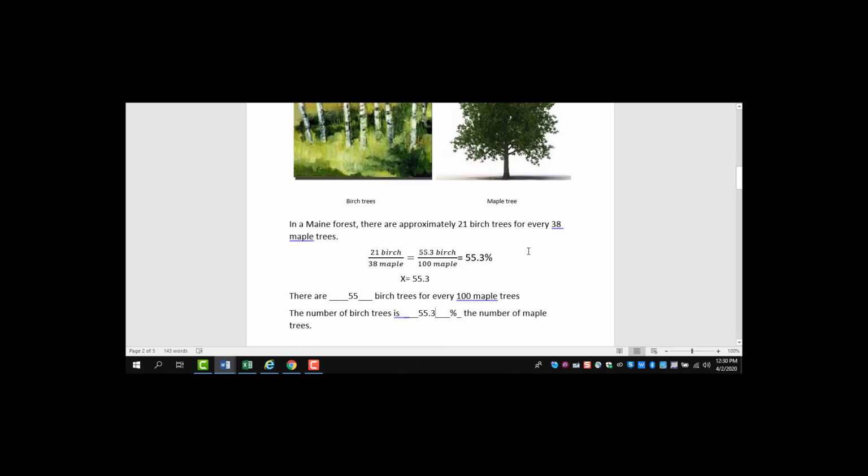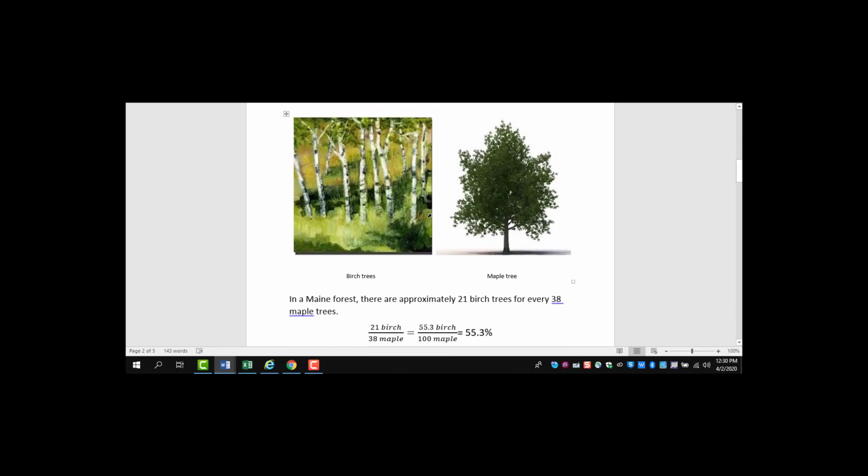And the other way we can say it is the number of birch trees is 55.3% the number of maple trees. So that's dealing with the part-to-part ratio.